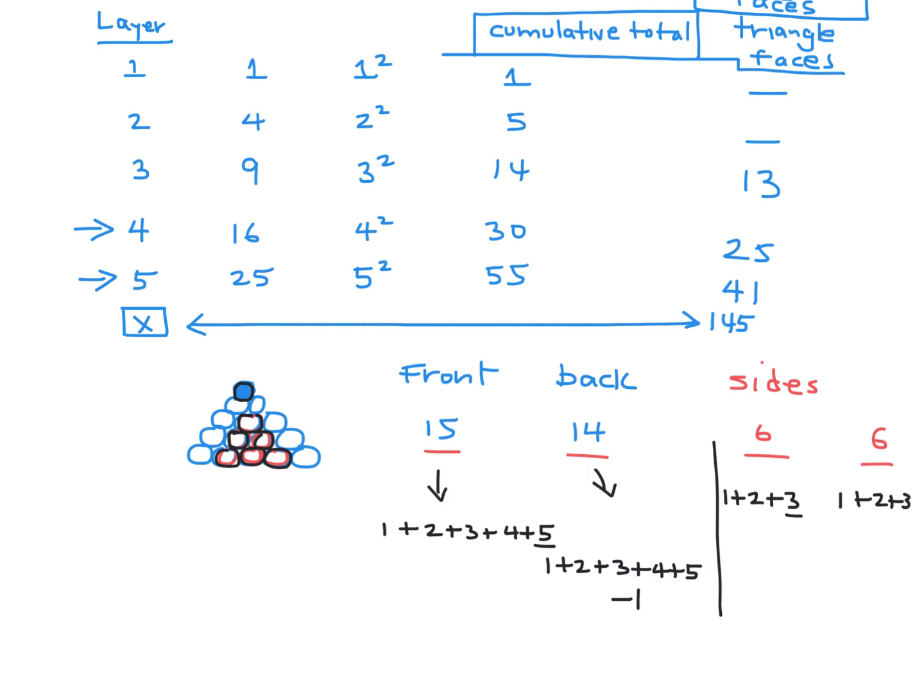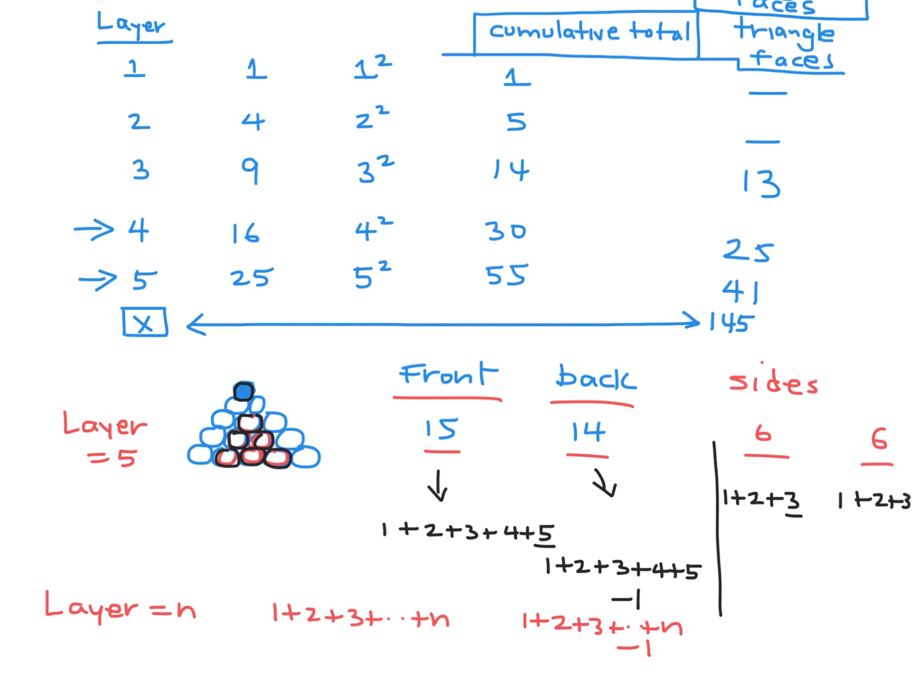So this is for layer 5, right? So if my layers are just n, meaning I don't know what it is, that's okay. The front one would be 1 plus 2 plus 3 all the way up until n. This back one would be 1 plus 2 plus 3 all the way up until n, and then minus this one, right?